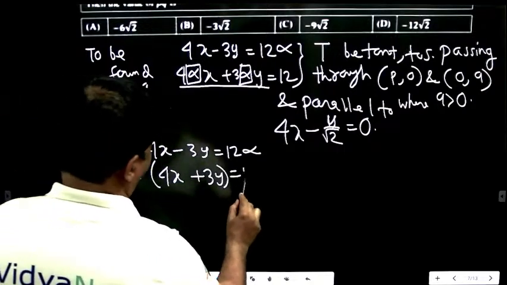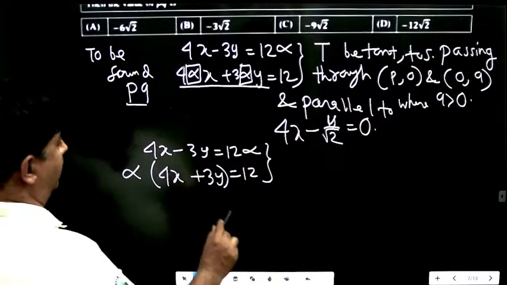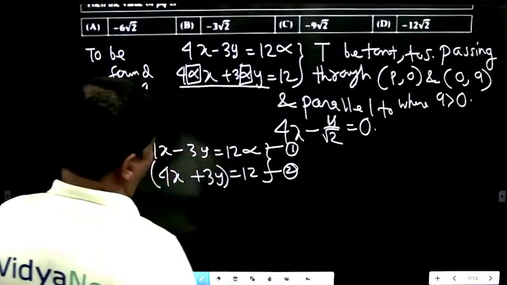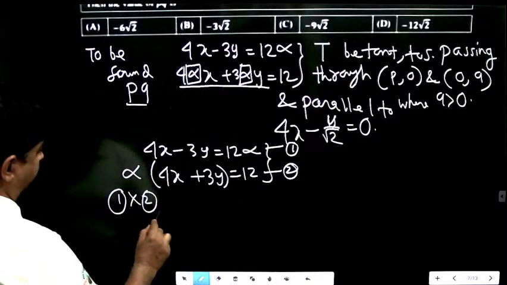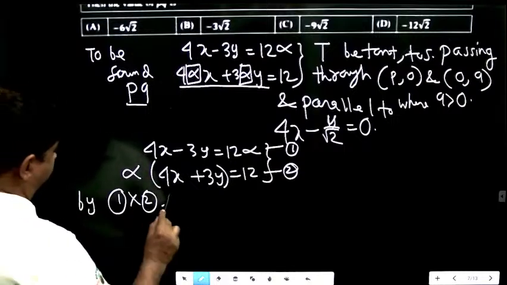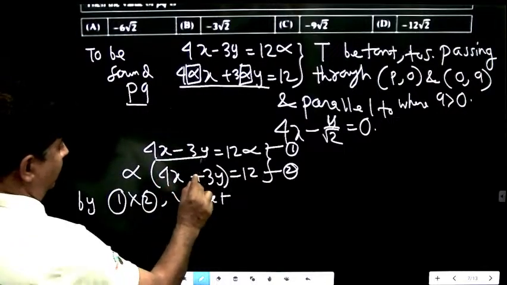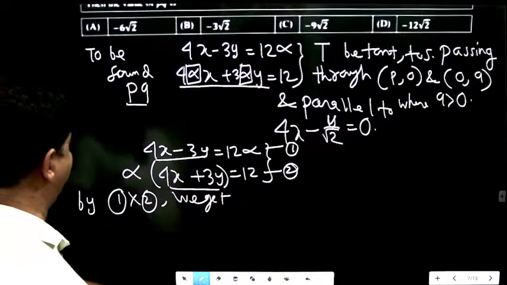This thing. Now, you multiply. Let us label it by 1, label it by 2. 1 into 2.